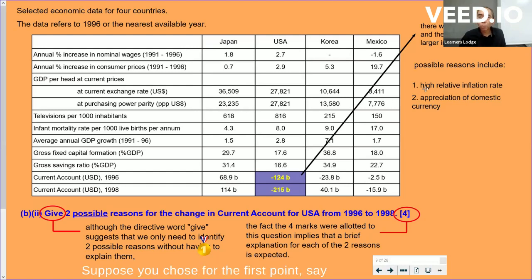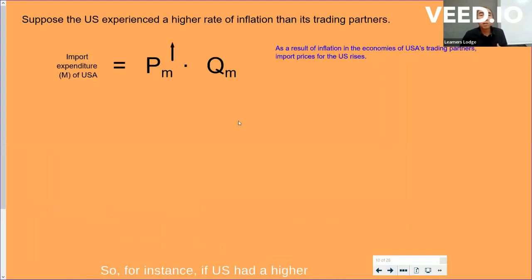Suppose you chose for the first point, say, perhaps USA had a high relative inflation rate. When we say USA has a high relative inflation rate, who is it high relative to? It's high relative to the trading partners of USA, or at least the major trading partners of USA. So for instance, if the US had a higher inflation rate compared to its trading partners, what would happen to import expenditure of USA?